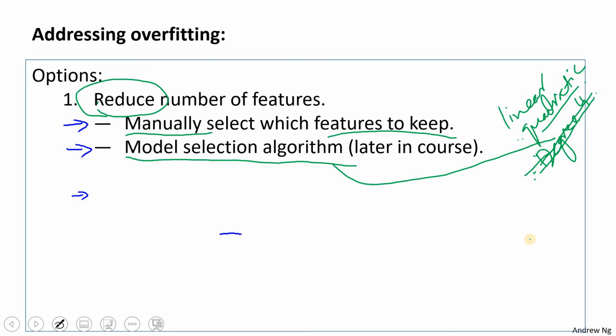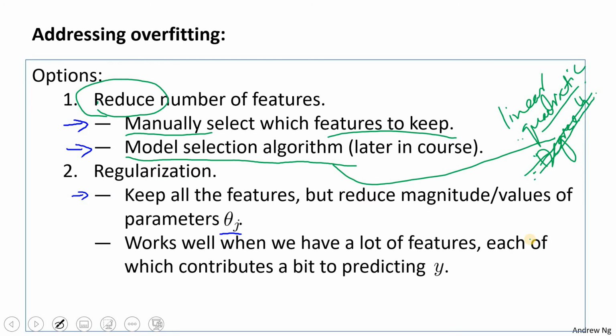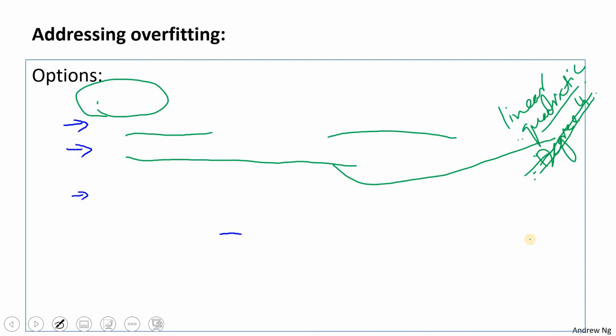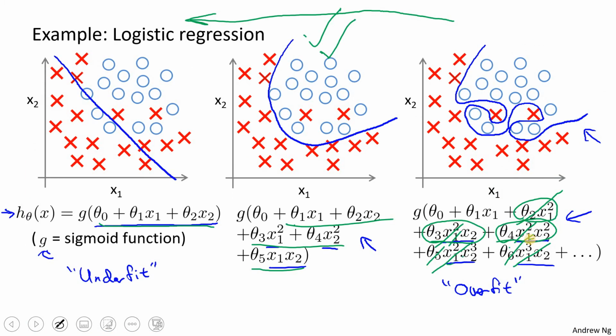Model selection means, for example, you can use linear or quadratic models. Another thing that can be done to address overfitting is called regularization. Regularization is something very interesting, and it will do the same thing that I suggested over here.